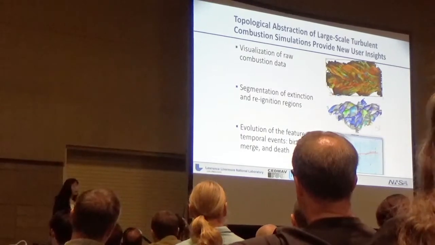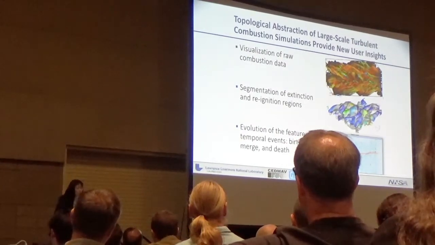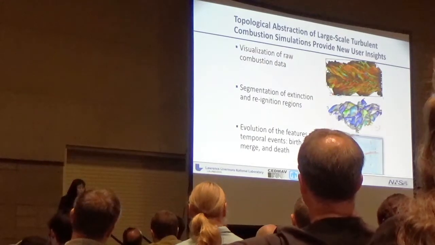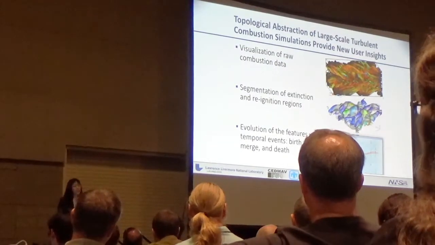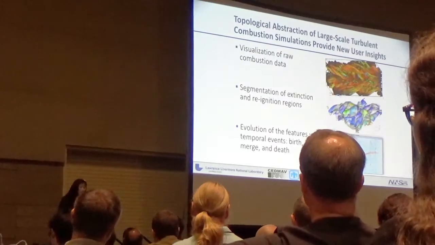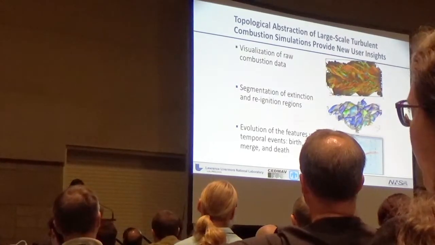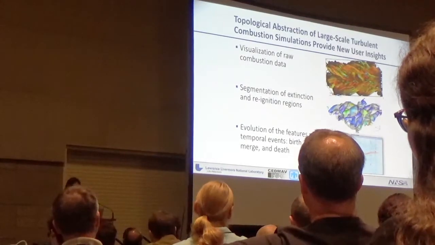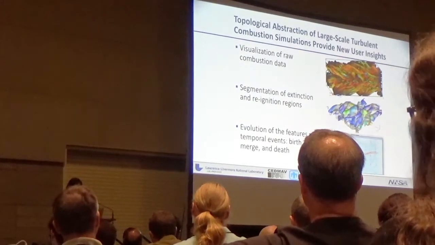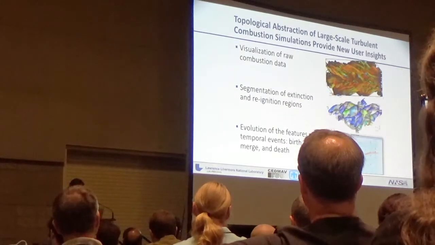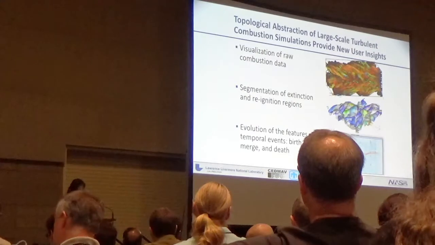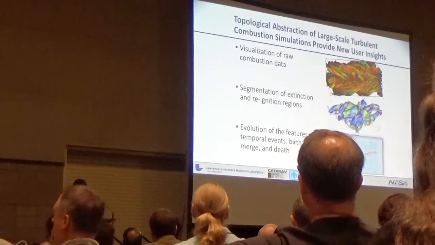So we relied here on a topological abstraction. First, we rendered the data using volume rendering, the raw combustion data for the underlying mixture fraction field. And then we superimposed on that isosurfaces of these high mixing rate regions, or the so-called scalar dissipation rate. And this rendering was done on a massive data set of, like I said, a couple 100 terabytes.